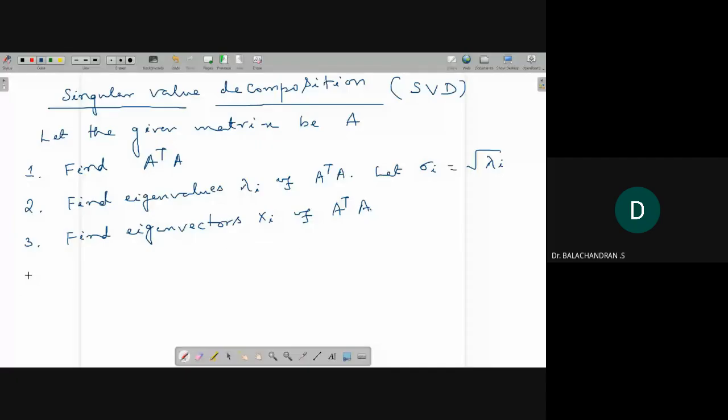And then fourth step, find the normalized eigenvector of capital Xi, say Ui.